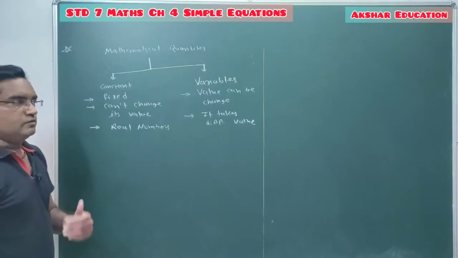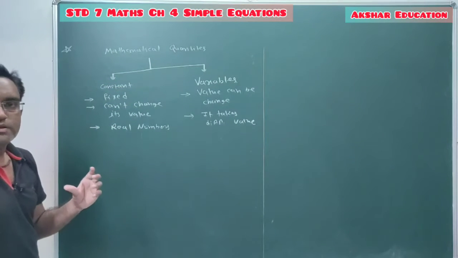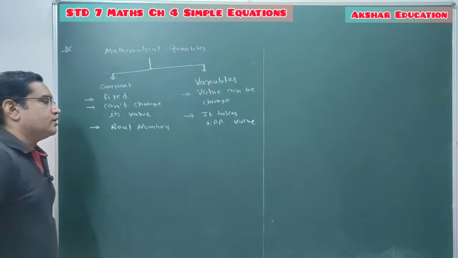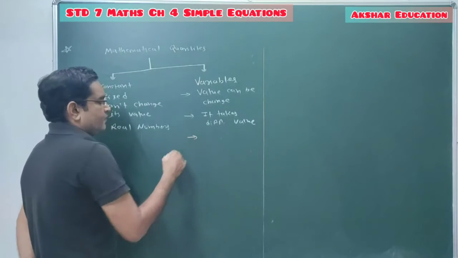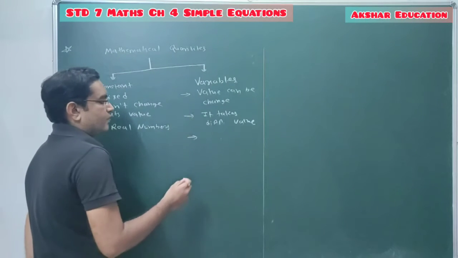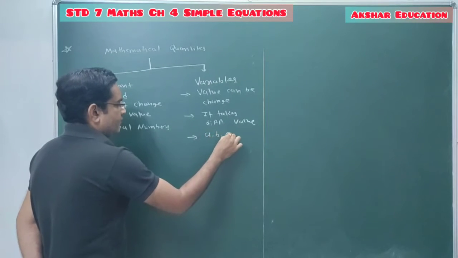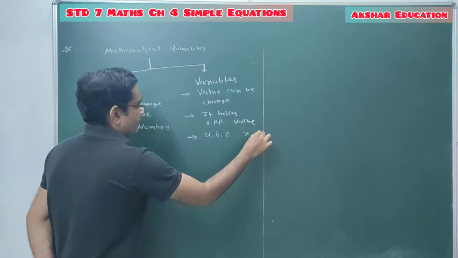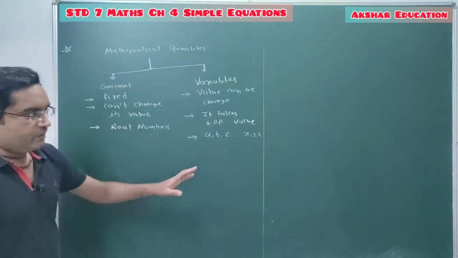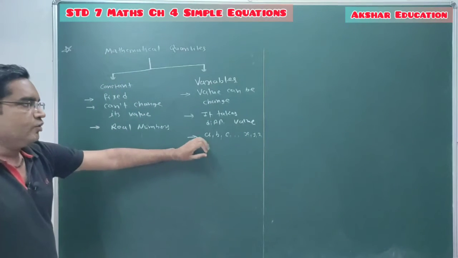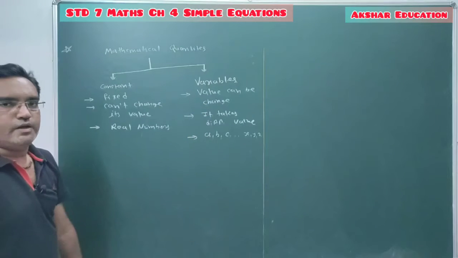We can change the value. So that type of quantities are known as variables. We represent these variables by using English alphabets. For that we use small letters a, b, c, d up to x, y, z. Any small alphabet you can use to represent a variable.